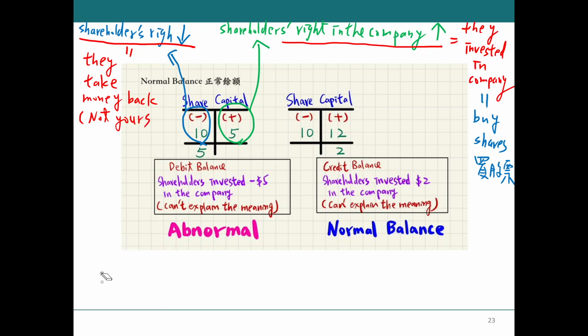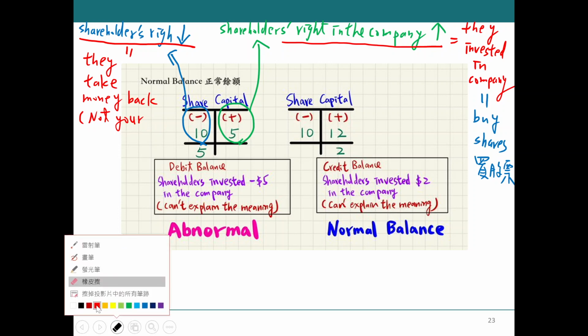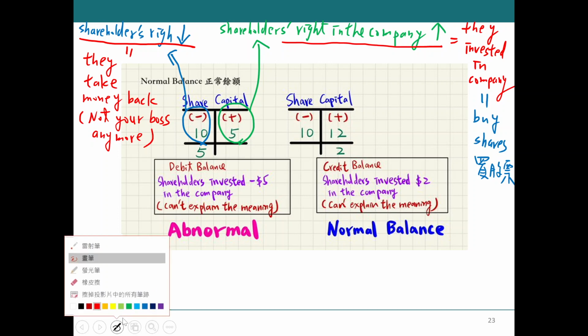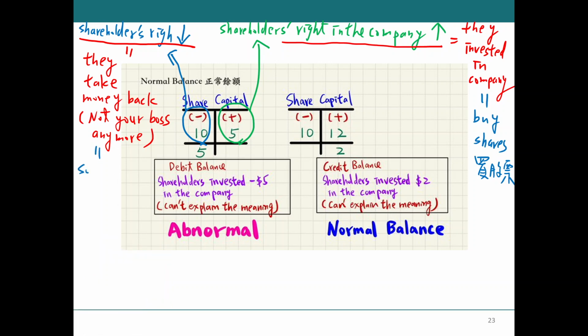Not your shareholders anymore, not your boss anymore. So we mean they sold shares, 出售股票. Every time you find an increase or decrease, you should understand what they did. What does that mean?